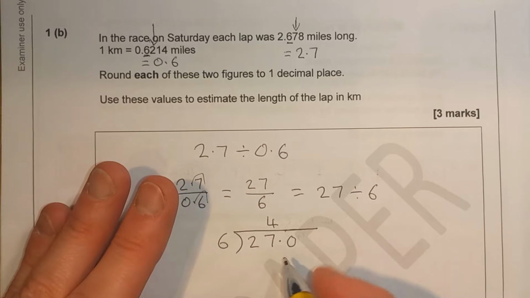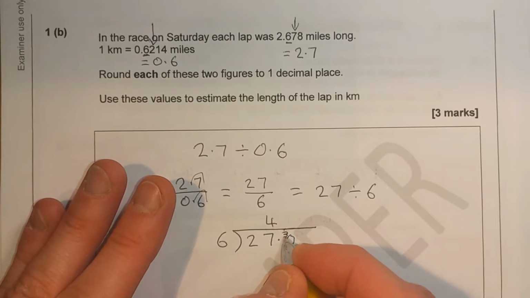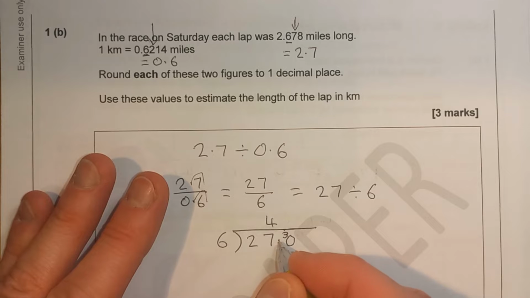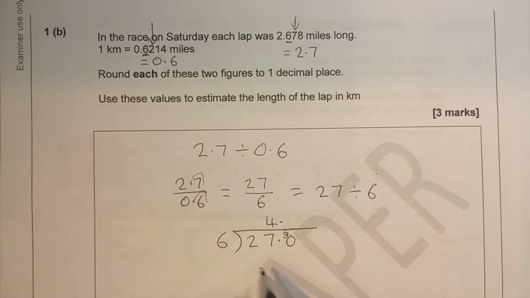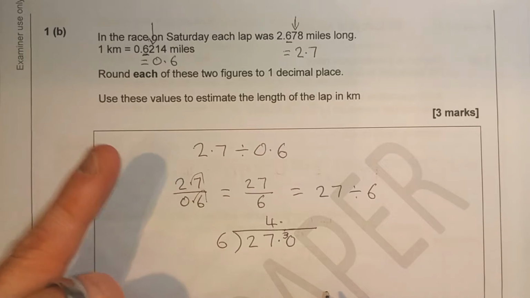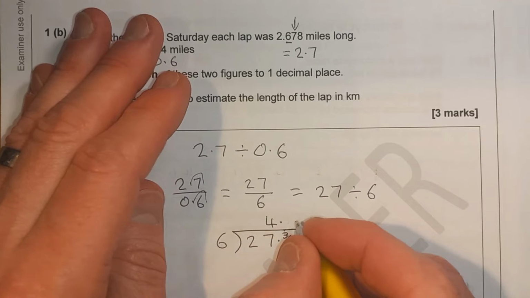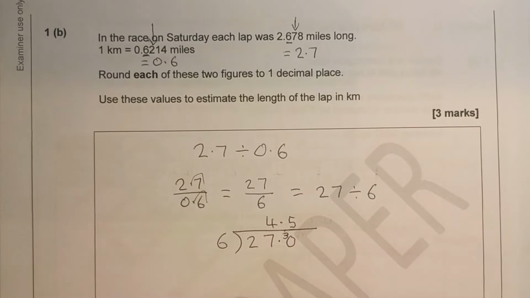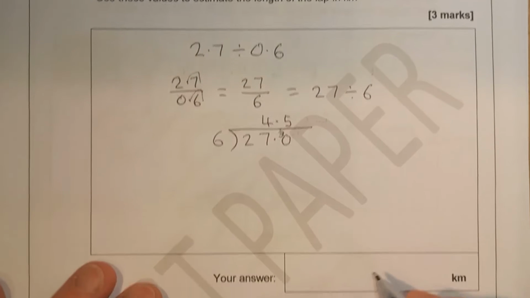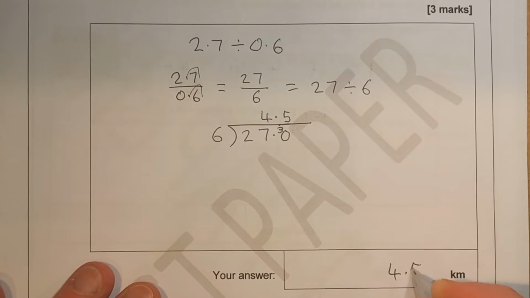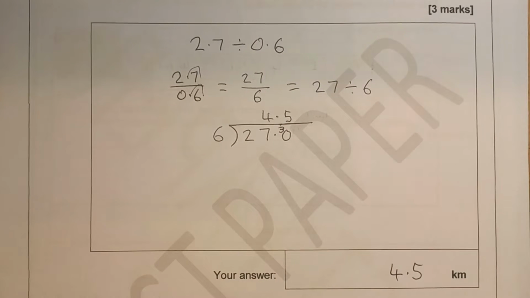So we've got a remainder of 3. We can carry that over in front of the 0. So if we put our decimal point in, and now we say how many times does 6 go into 30? Well, 6, 12, 18, 24, 30. That's 5 times. So we've got an answer of 4.5 kilometres.